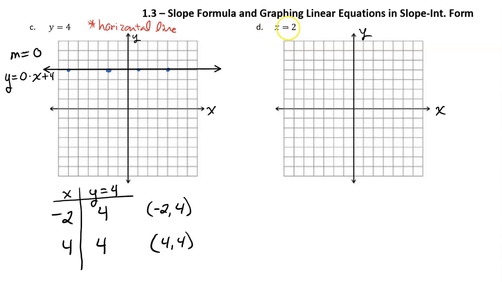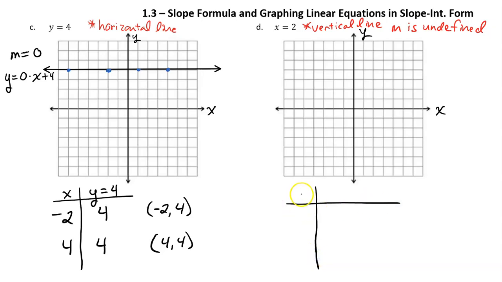If it's only an x value, then that tells me it's a vertical line. And vertical lines, remember, have their slope undefined. I can't use that mx plus b because there's no m to plug in at all. So in this case, the table really is the best way to go about it.